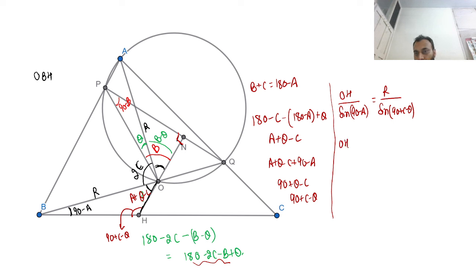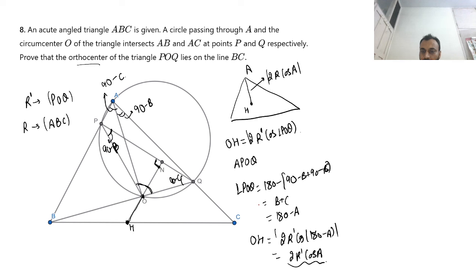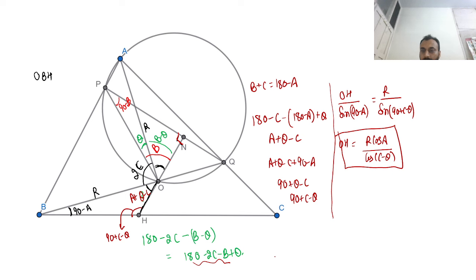So OH is R times sine of 90 minus A, which is cos A, so R cos A by cos of C minus theta. What do we want to prove? We want to prove OH is 2R dash cos A, and we are getting OH is R cos A by cos of C minus theta.